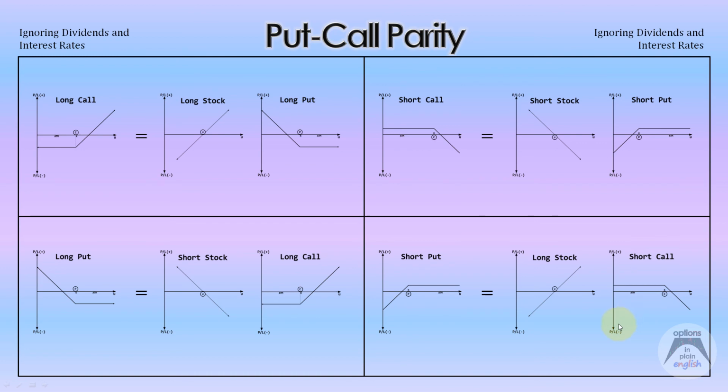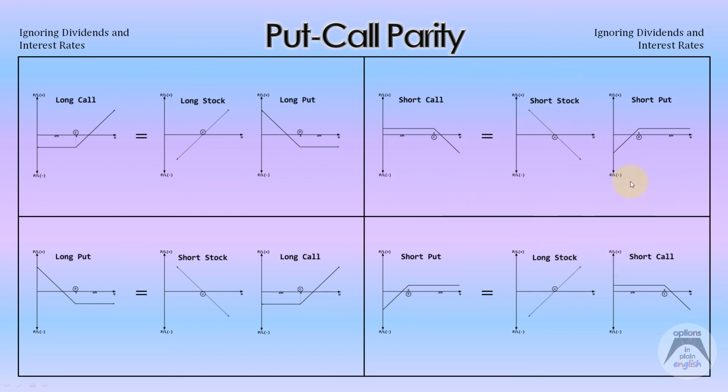Okay, so in reality, yes, when you short a put, you're not going to get the dividend, but you're going to get a higher premium because of the dividend. Okay, so you get the same thing. Everything has to hold for the market to be in a situation where there's no arbitrage. So everything is the same.